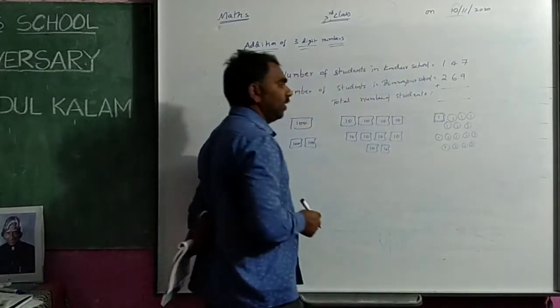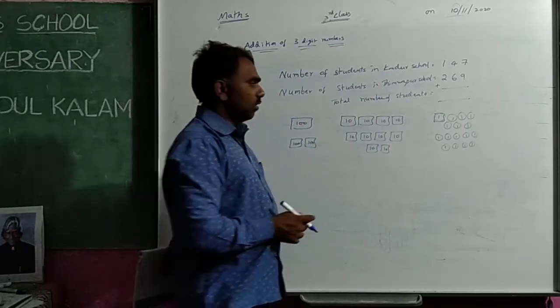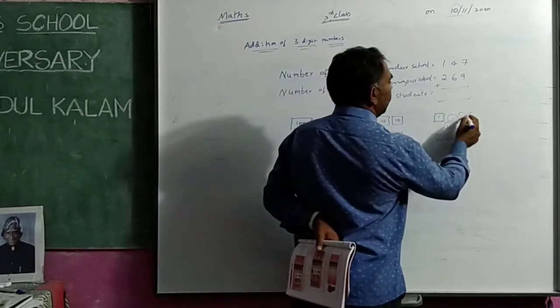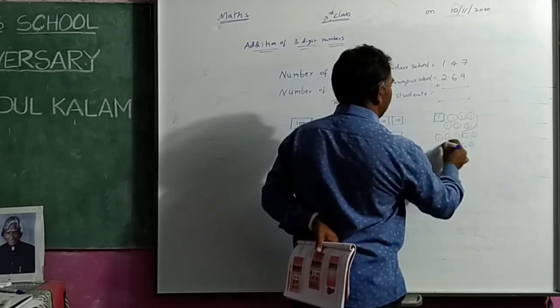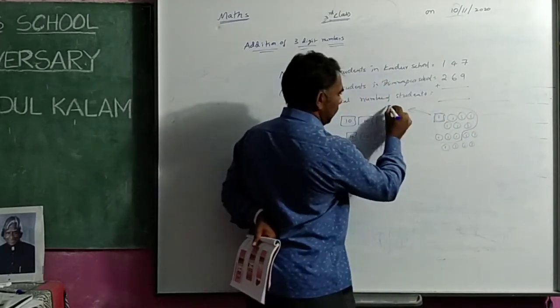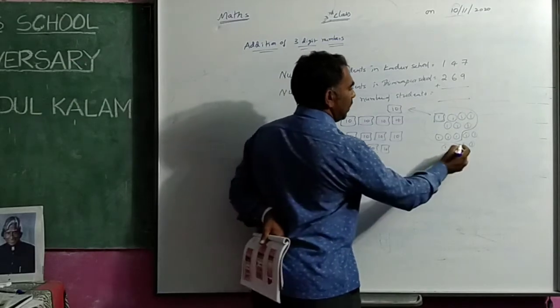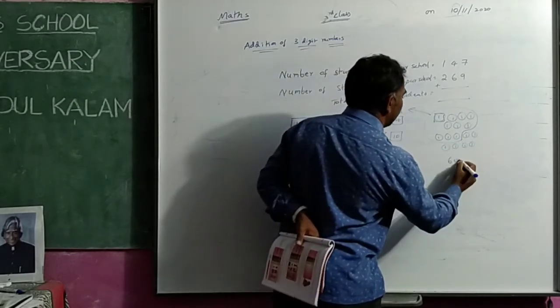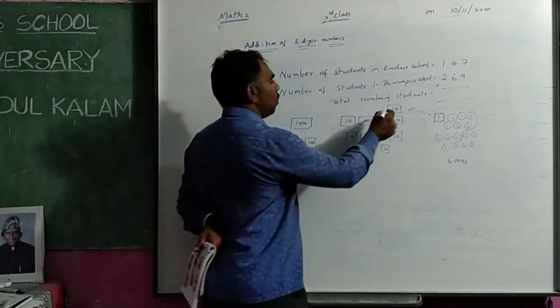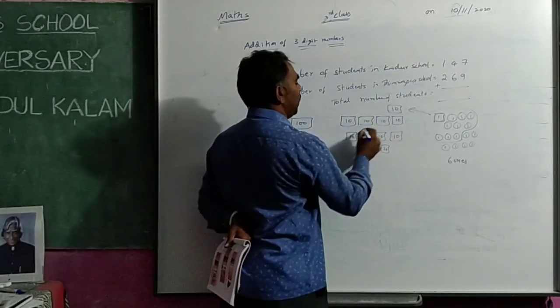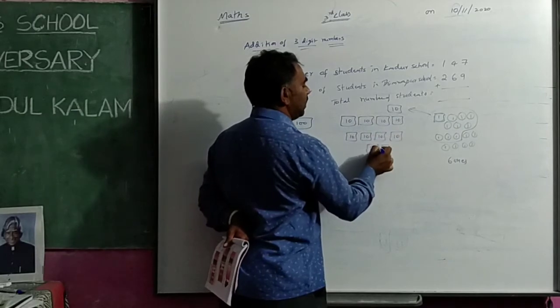Now count together. Count together means you know that. 1, 2, 3, 4, 5, 6, 7, 8, 9, 10. When you see the 10 ones, 10 ones will become 110. How many are left again? 6 ones left. Then count the tens. 1, 2, 3, 4, 5, 6, 7, 8, 9, 10.